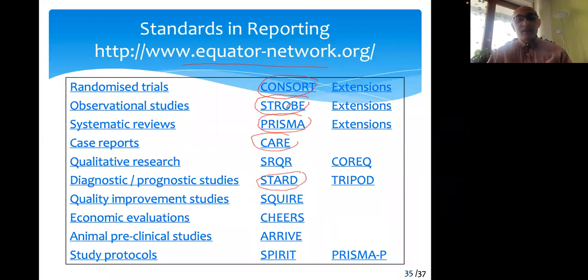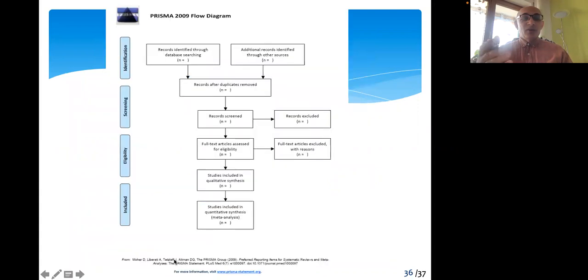So I believe these five would be enough to remember for the students, but for almost all different types of research, there are different criteria or guidelines to be followed. Just to show you one example, in the PRISMA guideline, there is a suggestion to include in your study a flow diagram.